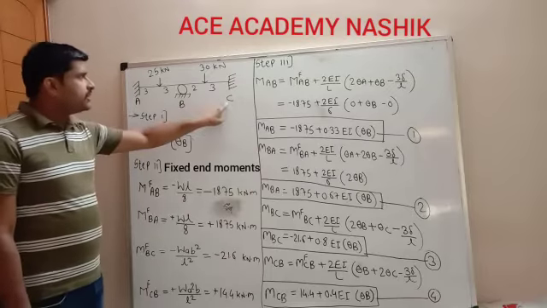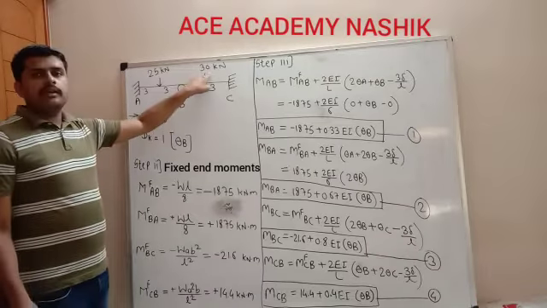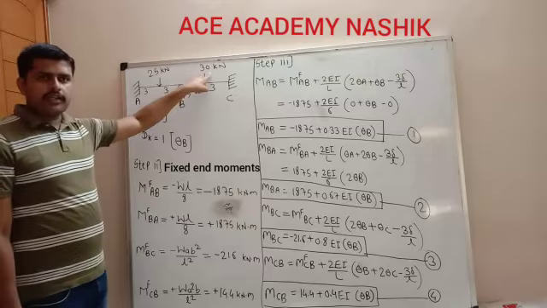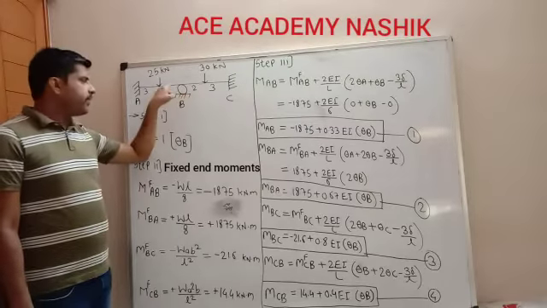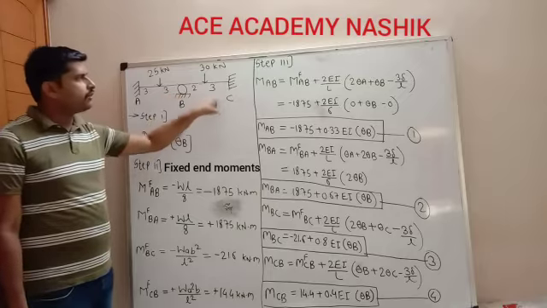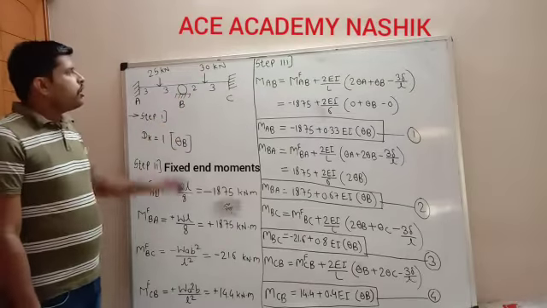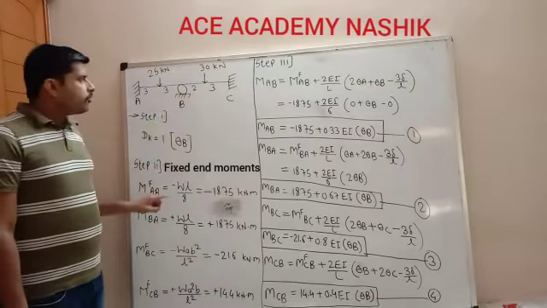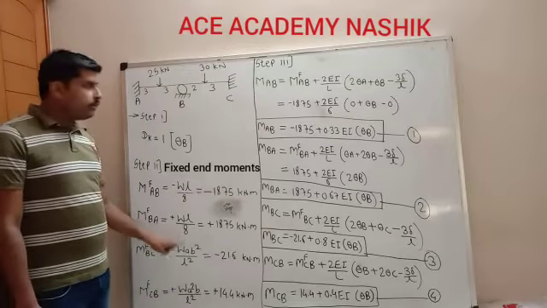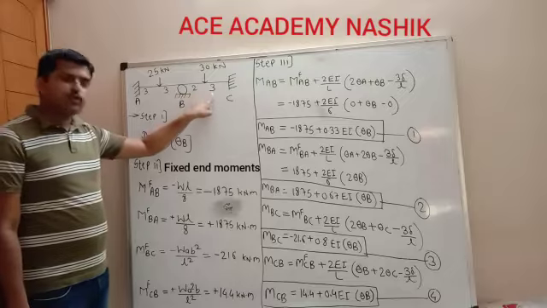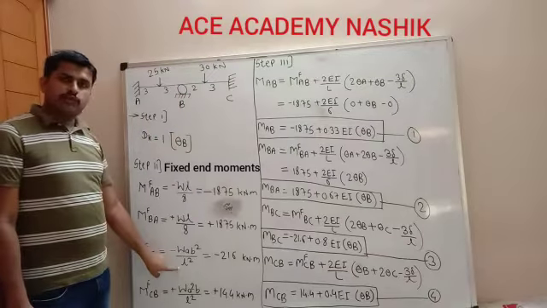For span BC there is one eccentric point load of 30 kN, at a distance of 2 meter from end B and 3 meter from end C. For BC, the formula for fixed end moment is minus W a b square upon L square.